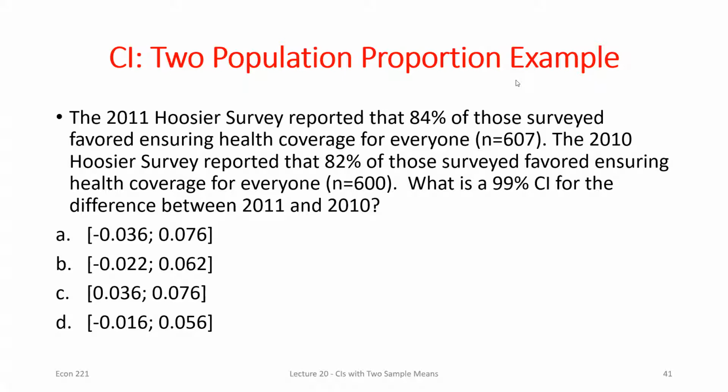How much is on each side? 0.01 divided by 2, or 0.005. So we know our alpha, our two sample proportions, and our two sample sizes. Now we think about the difference: 0.84 minus 0.82. So my confidence interval should be centered around 0.02.